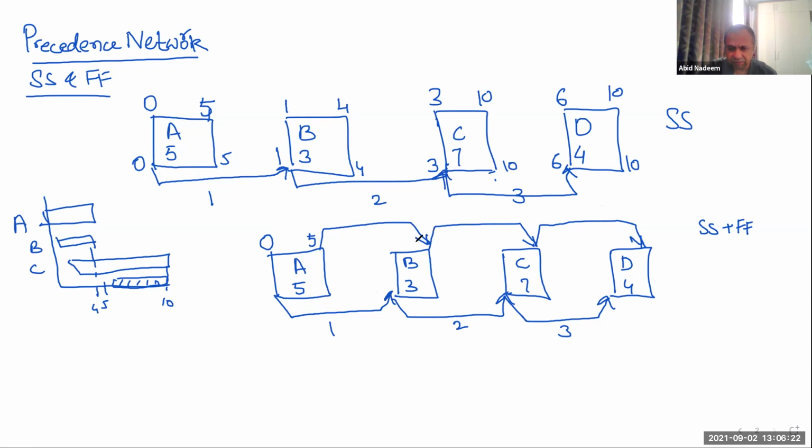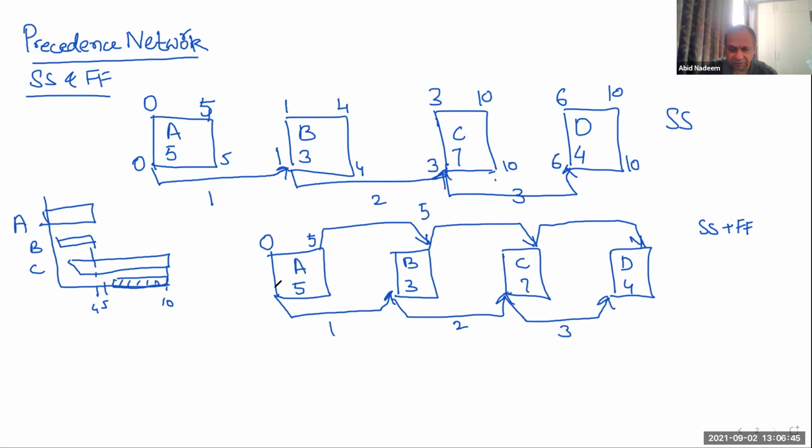But remember that for this activity B, there are 2 arrows coming into that activity, one at the finish and the other at the start. So therefore, there will be 2 pairs of values. From the finish, if it is 5, then the value will be 5.